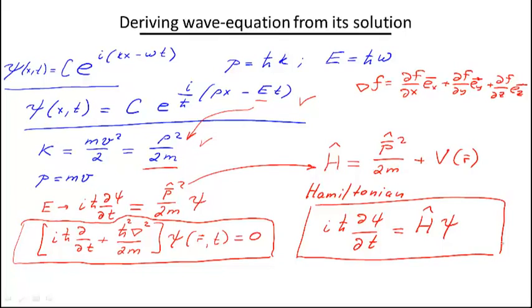So the theory of metals, theory of superconductors, pretty much everything we can imagine that doesn't involve relativistic effects is contained in this equation.